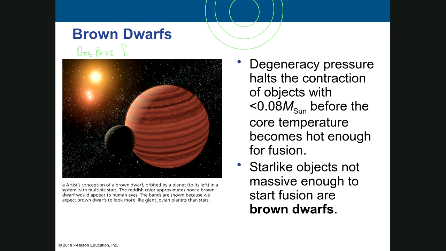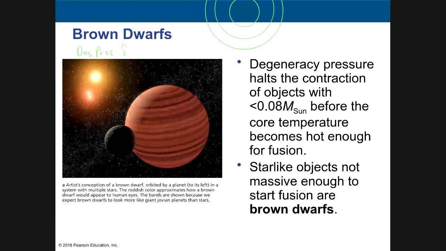Now, how much freedom you have, how many chairs you have, will determine how hot you can get before you run out. What happens in a brown dwarf is that there's not enough mass, and you run out of chairs, and all the electrons are set.